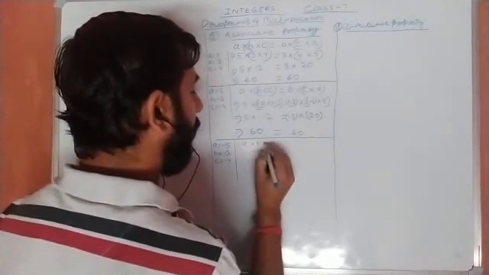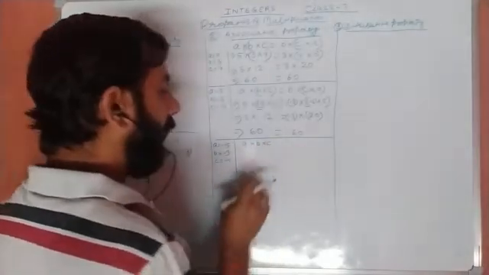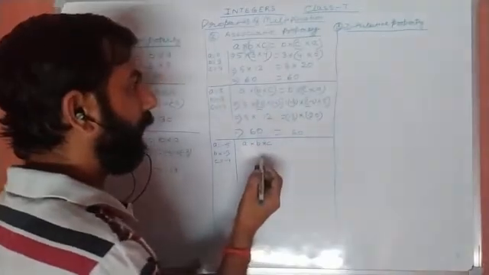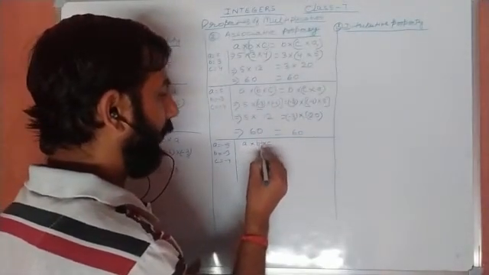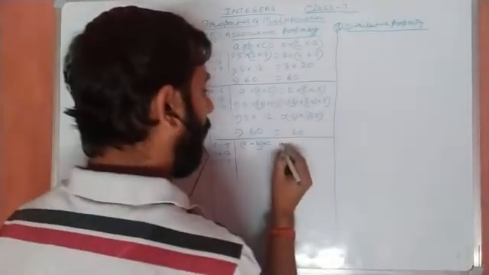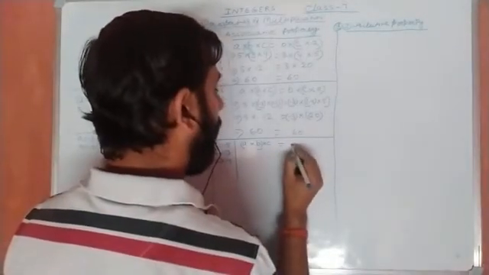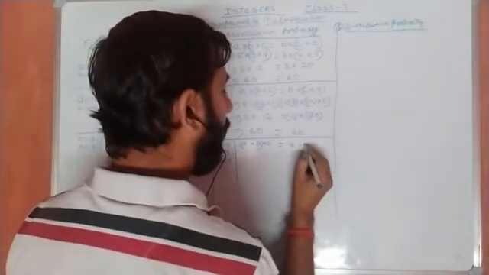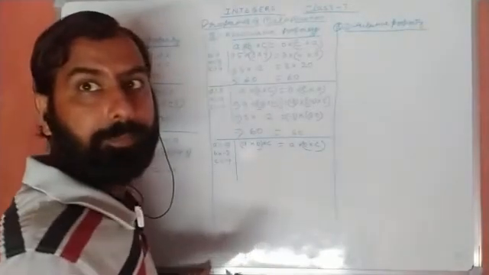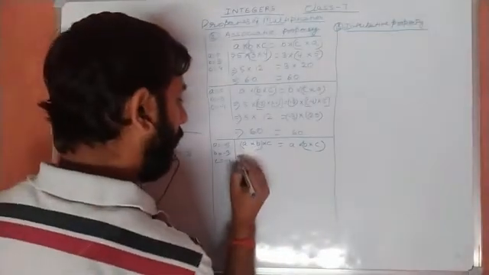A into B into C. Now here I am going to change something. We will multiply like A and B we have kept in a bracket. Now here A into B into C. Now BC will be in bracket. Then what will be the result?